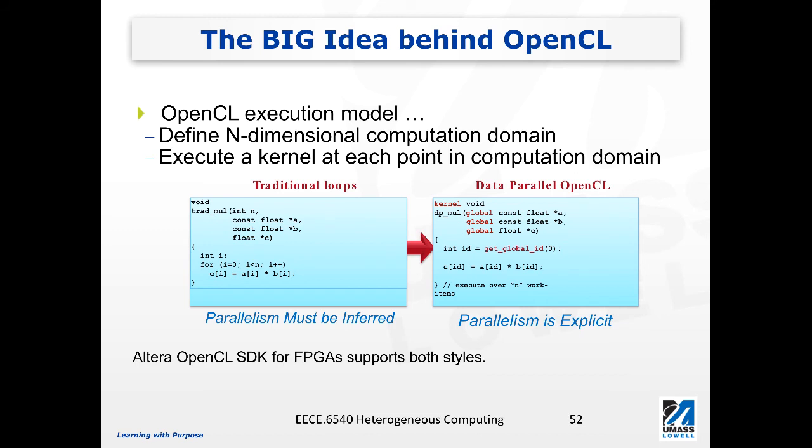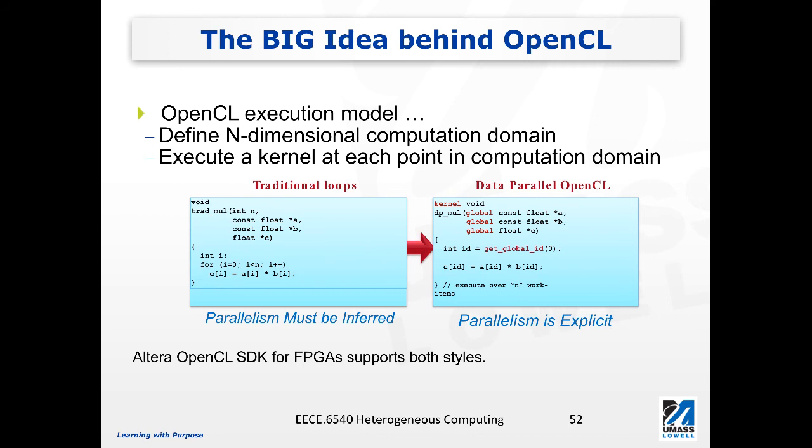Now, in order for this kind of highly parallel task to be executed on a parallel hardware architecture, such as a GPU or FPGA, you can think of many different ways to instantiate that. Using OpenCL, you can effectively describe the functionality and the parallelism in such functions.